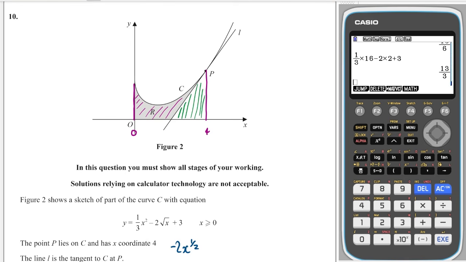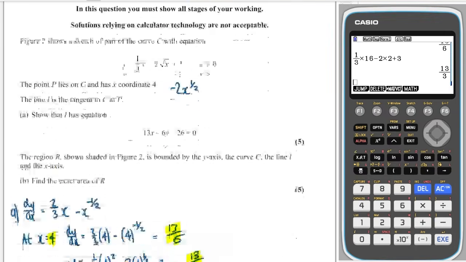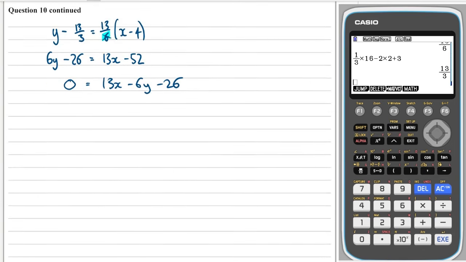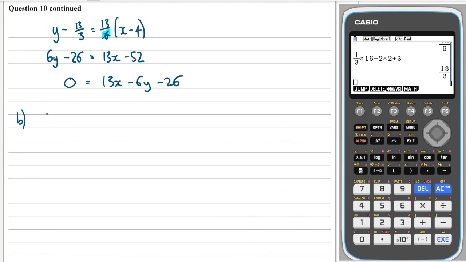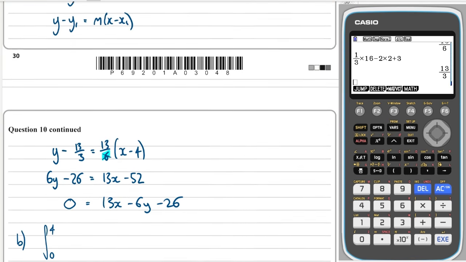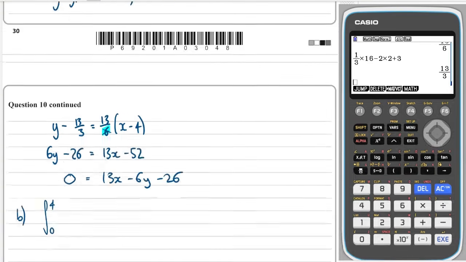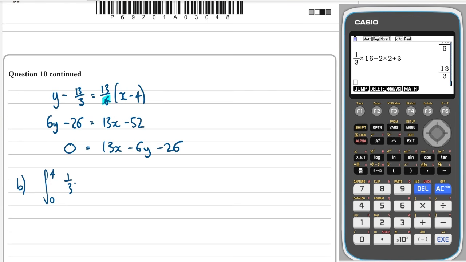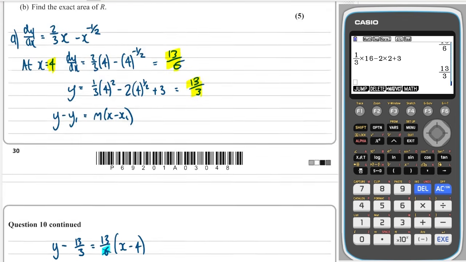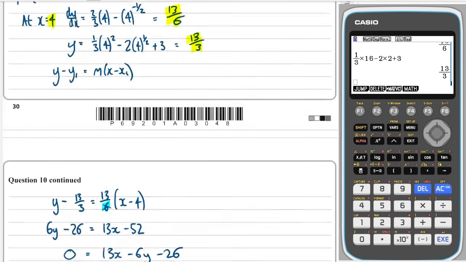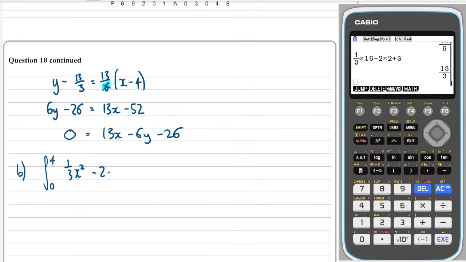Okay, let's first work out the integral. So for part B, I will need to integrate between 4 and 0. And the function was a third x squared minus 2x to the half plus 3 dx.